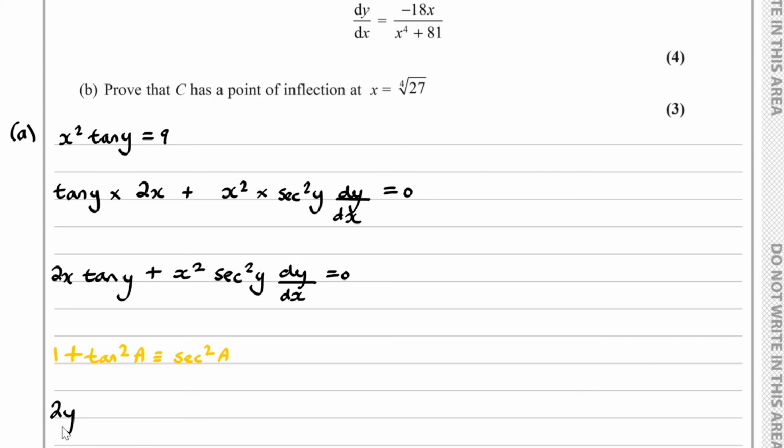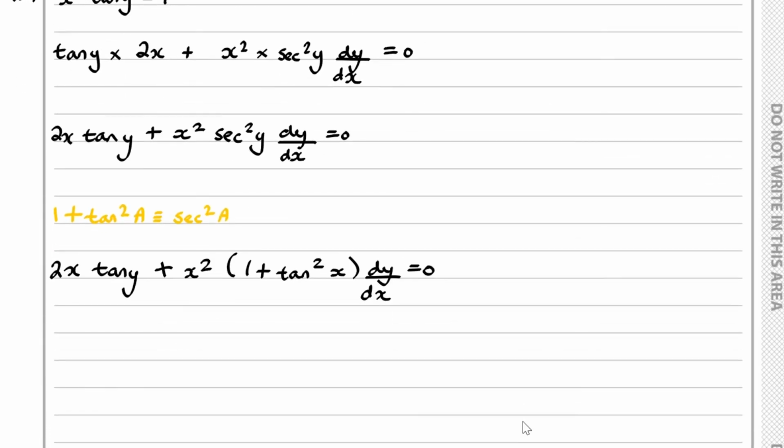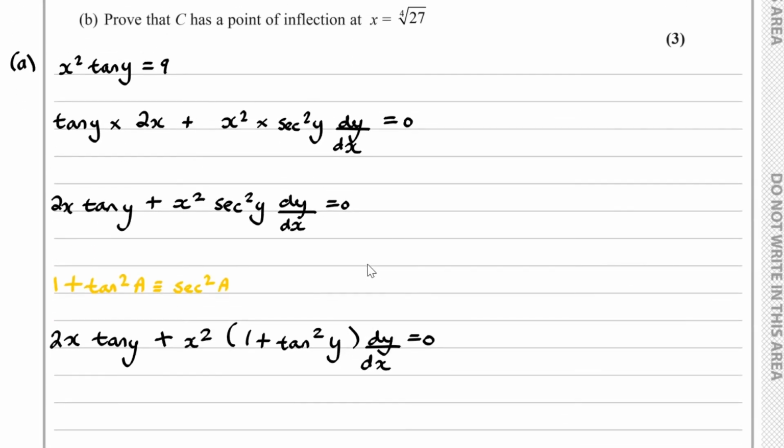What I mean by that, here we have 2x times tan y plus x squared lots of 1 plus tan squared y times dy over dx, and this is equal to 0. I still want to get rid of this tan y.